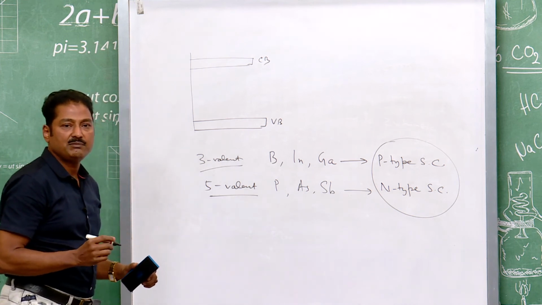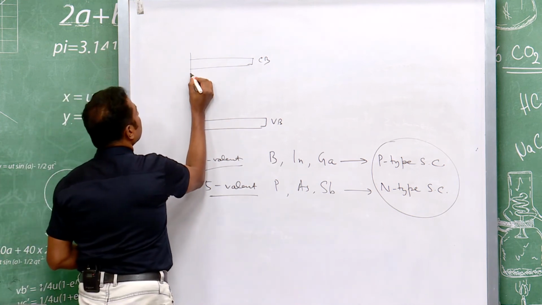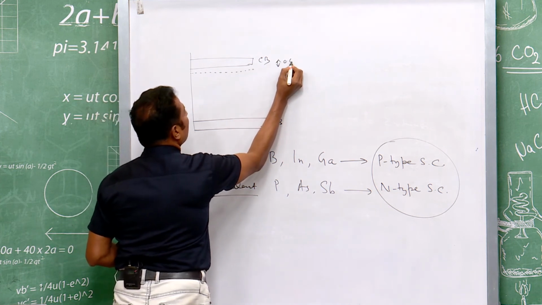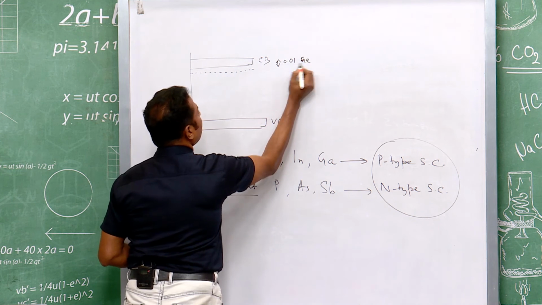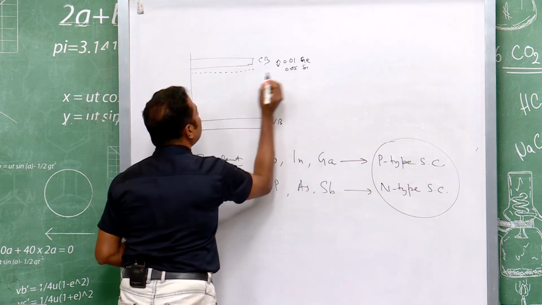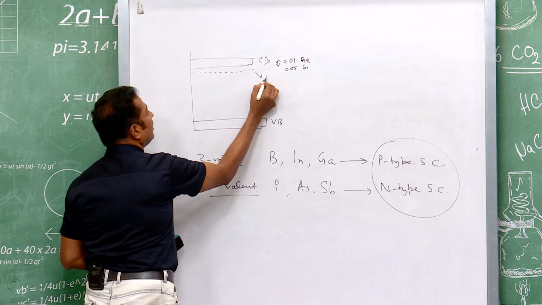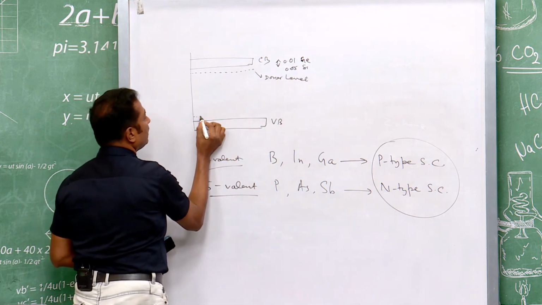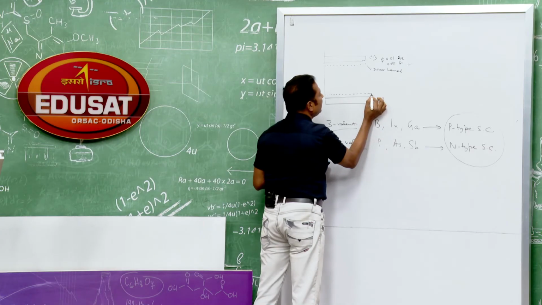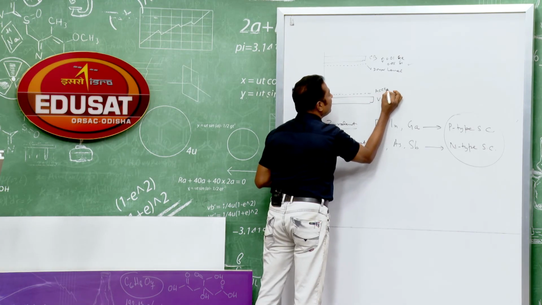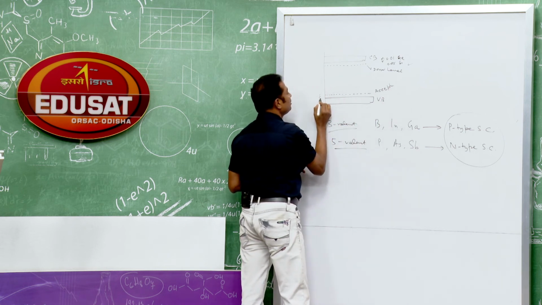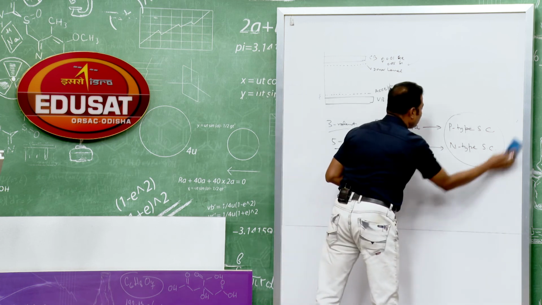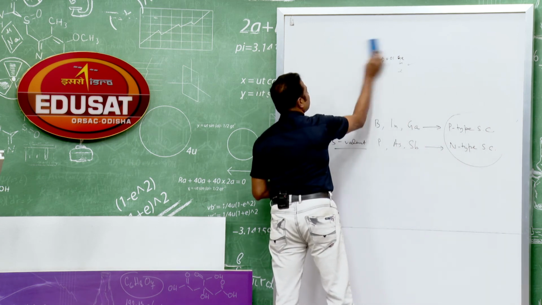If n type semiconductor is there, then there will be another level, around 0.01 for germanium or 0.05 for silicon. This is called donor level, and here it is the acceptor level. This is also above the valence band. So, in this way we get two types of semiconductors.